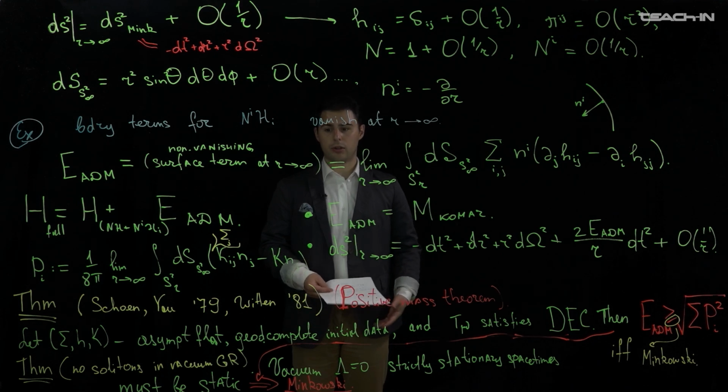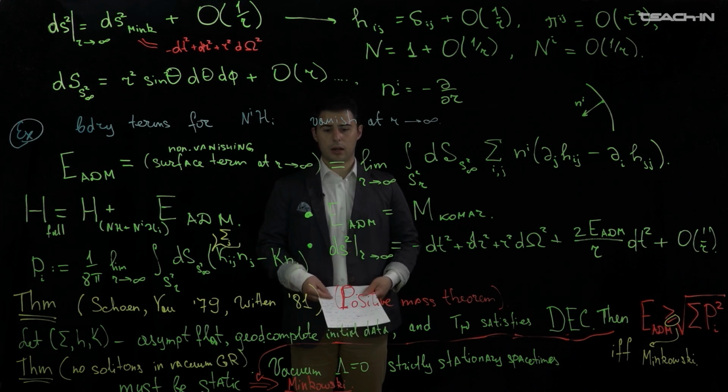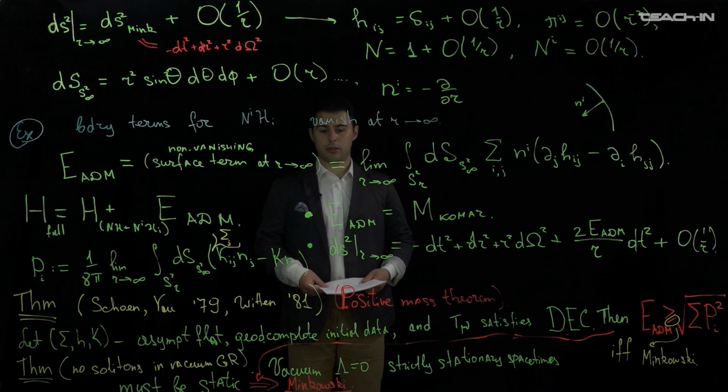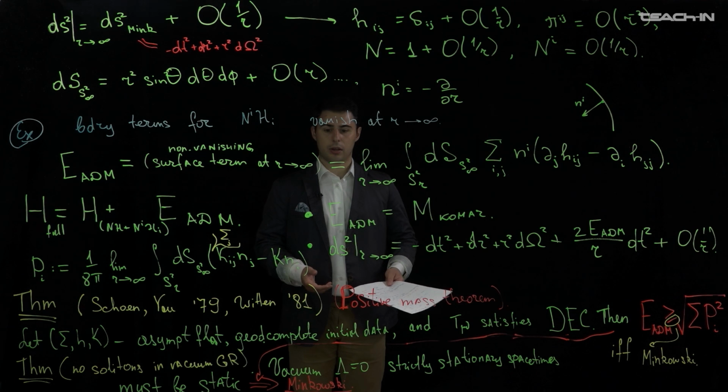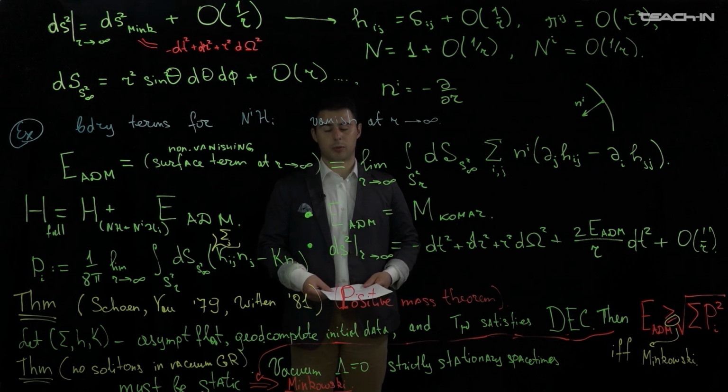This is another argument for black holes to be the universal type of solutions in general relativity. I should comment that in the presence of matter and for non-zero values of the cosmological constant, such solitons can exist.